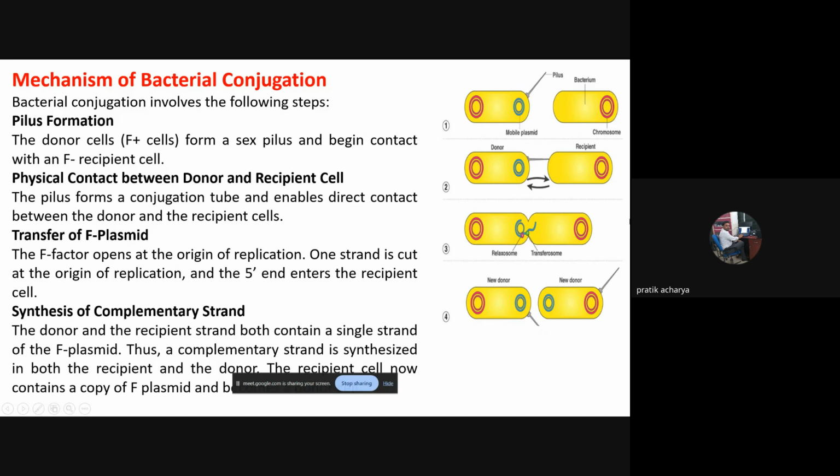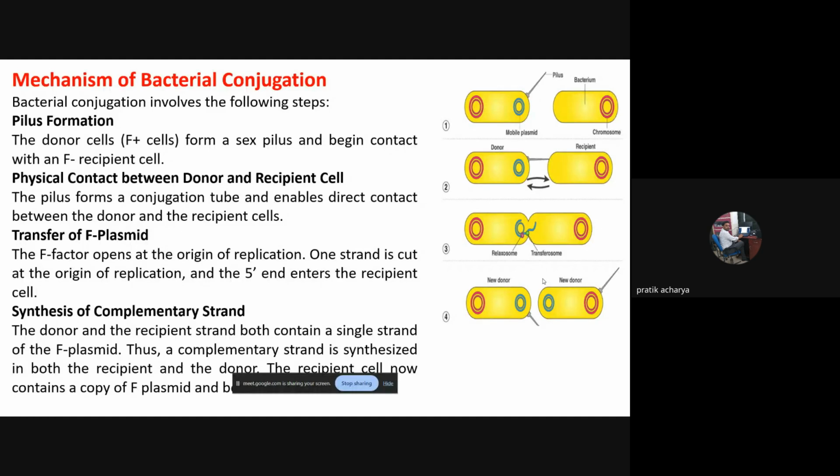What is that? Just look at this first picture: the bacteria didn't have a sex pilus and didn't have extra chromosomal DNA, but after this conjugation process they develop a sex pilus as well as extra chromosomal DNA. So this is the case of bacterial conjugation.